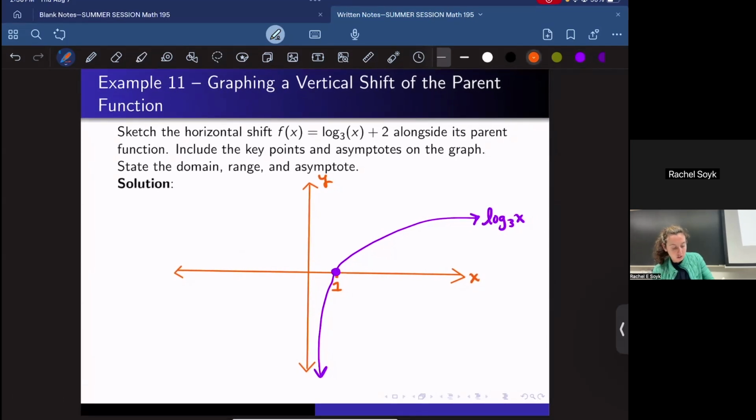And so now when you shift this up, your vertical asymptote is staying put exactly the same.